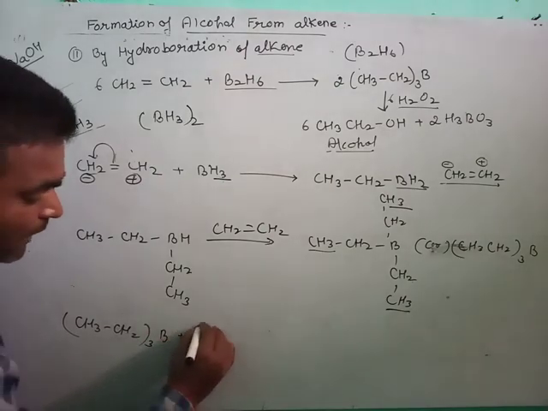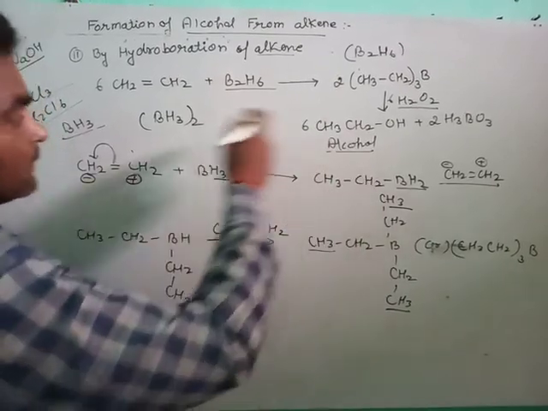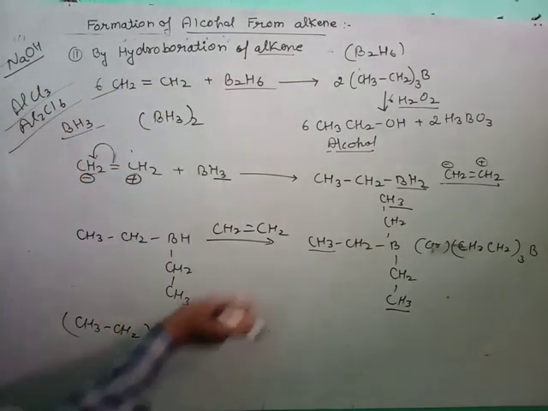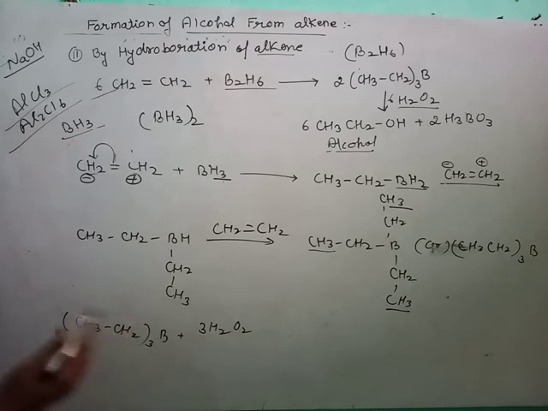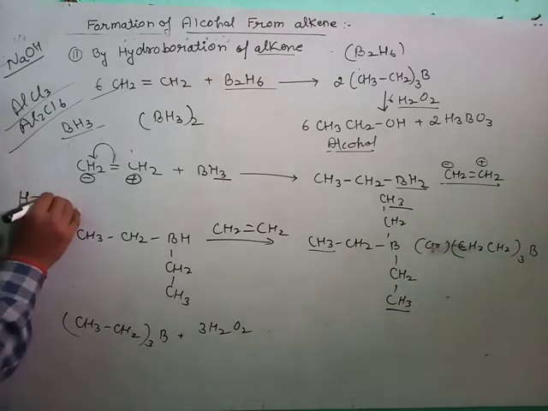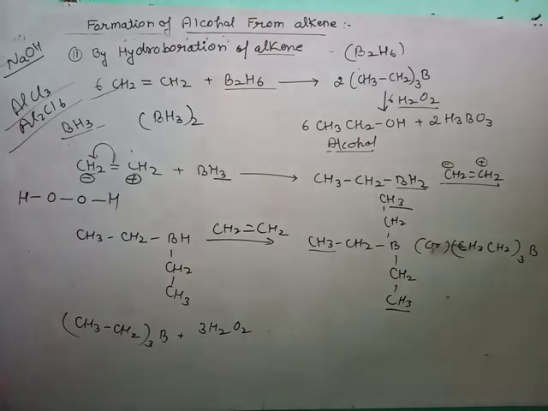three molecules of H2O2, because here 6 and here 3, so not 6, only 3. 3 molecules of H2O2 come, and H2O2 is hydrogen peroxide, HOOH. When one hydrogen peroxide breaks, it forms OH and OH, meaning 2 OH. One peroxide gives 2 hydroxide, so 3 hydrogen peroxide gives 6 OH.